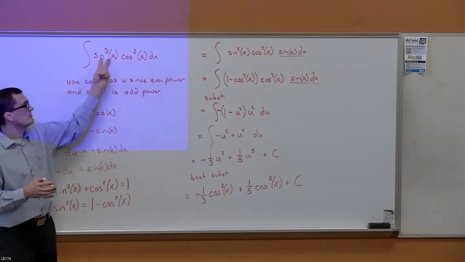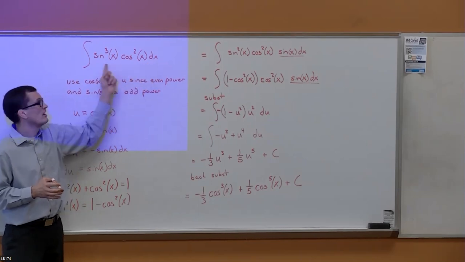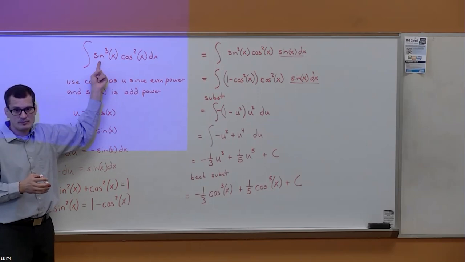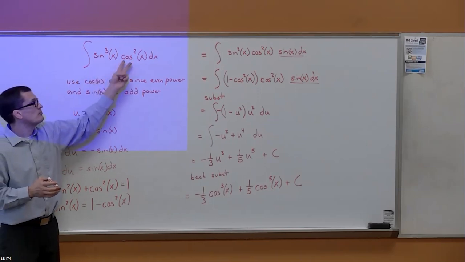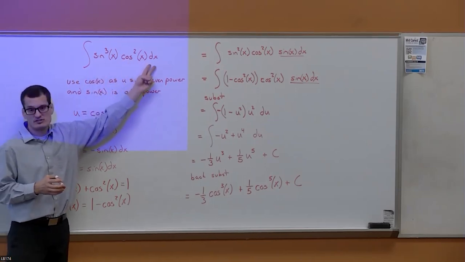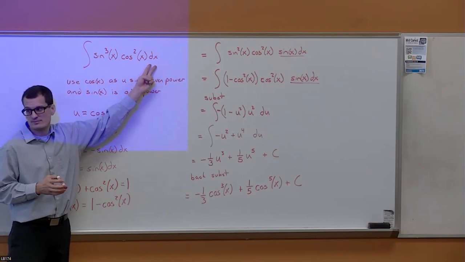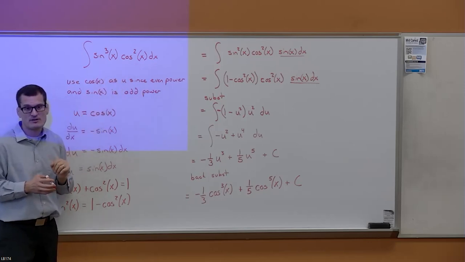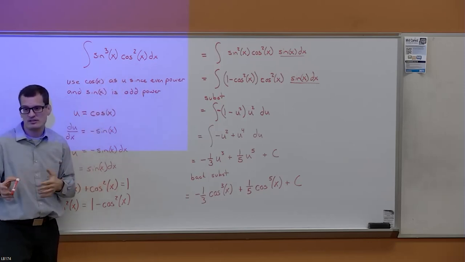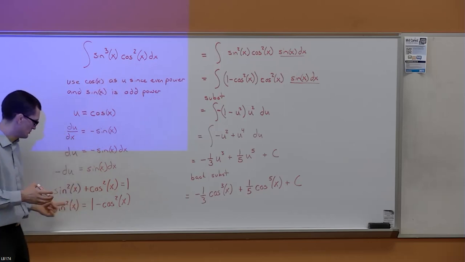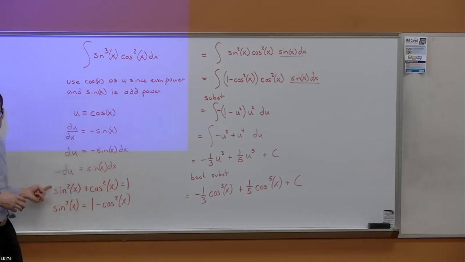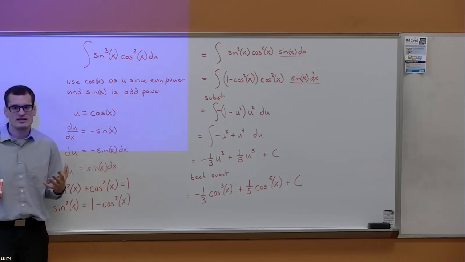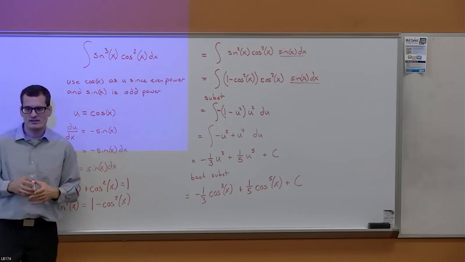So if I peeled off a sine and attached it to the dx, the remaining sine is to an even power. If I would have pulled off a cosine and attached it to the dx, the remaining cosine would have been to the first power, and I would not have been able to use this trig identity anymore. So I'd have had an extra cosine lying around that I can't deal with.